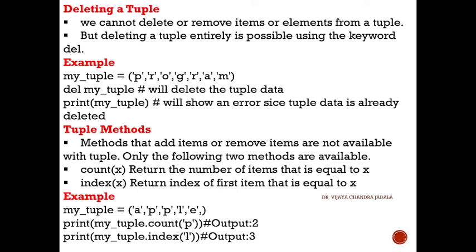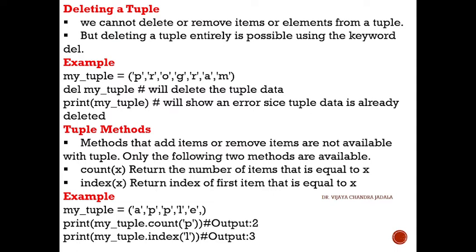Deleting a tuple. We cannot delete or remove items or elements from a tuple, but deleting a tuple entirely is possible using the keyword del. Individually, the values in a tuple cannot be deleted since it is an immutable Python object.